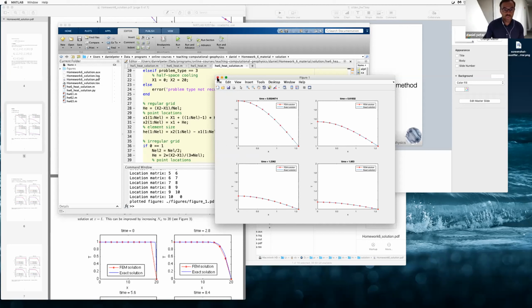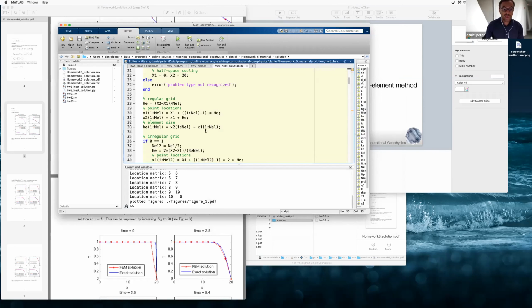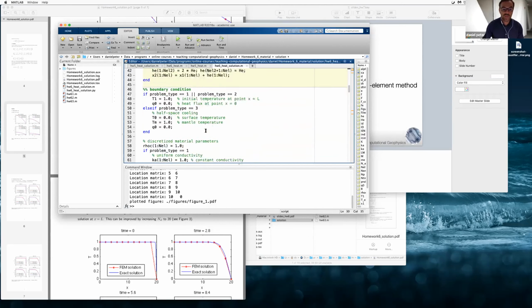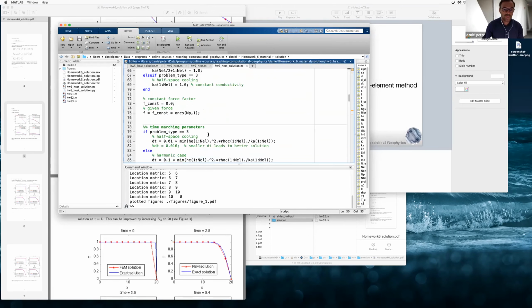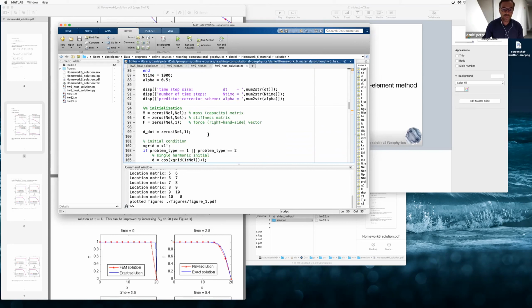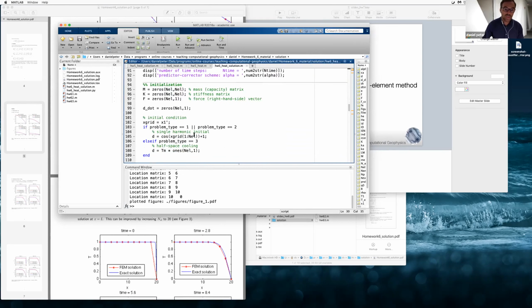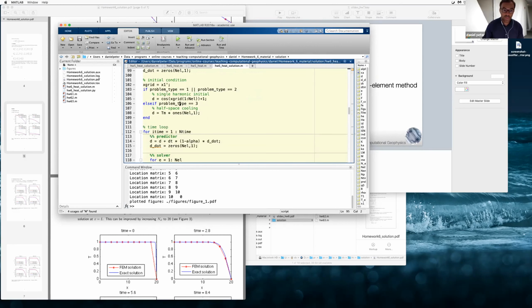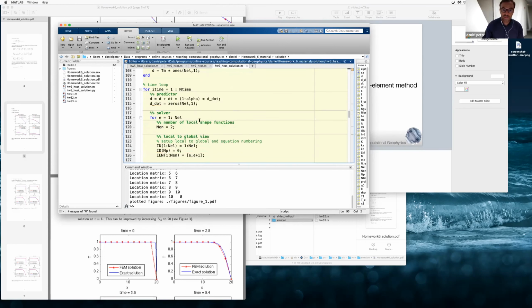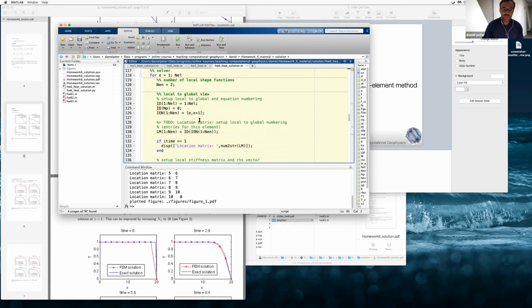Now, one of the points that is interesting to look at is the mass matrix or the capacity matrix, because that's something we will see in the spectral element method: there the mass matrix or capacity matrix will be a diagonal matrix. But let's see in this finite element implementation.